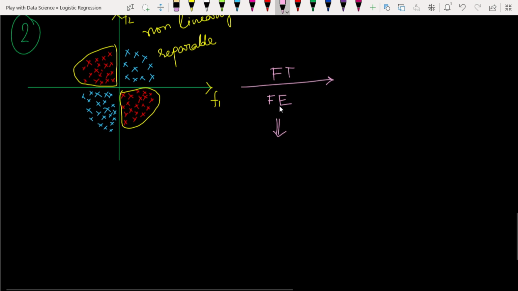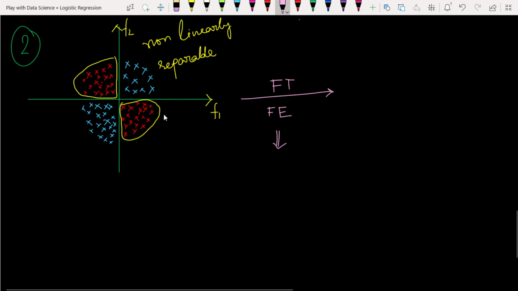Let's think about it. Here you can see our F1 blue data first. In the blue data, on this side F1 is positive and F2 is also positive.